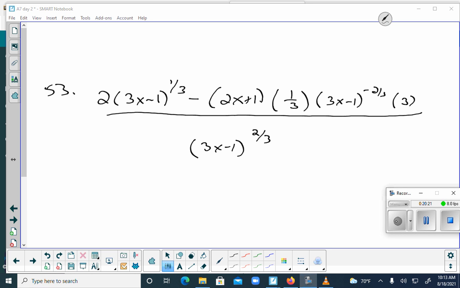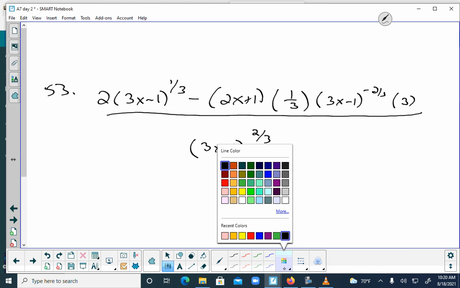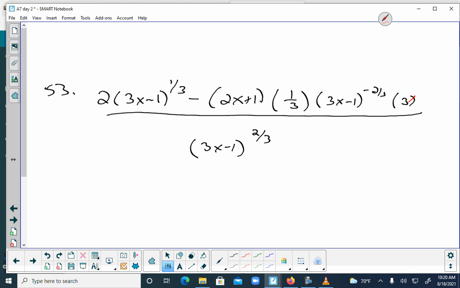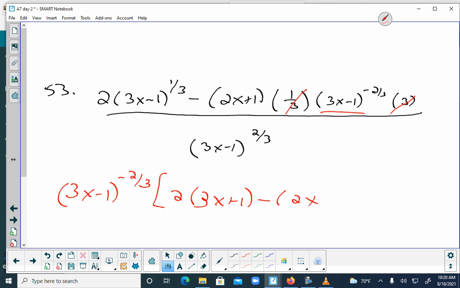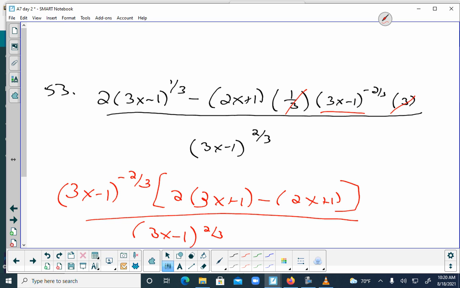Okay, so we can combine. I'm hoping what most of you did, and you can tell me if not, is multiply 3 times 1/3 right off the bat, to get rid of that fraction. What I'm left with is 3x minus 1, which I'm going to factor out to the negative 2/3 power, and I'm left with 2 times 3x plus 1 minus 2x plus 1, all over 3x minus 1 to the 2/3 power.